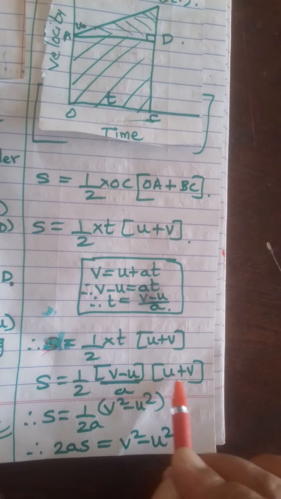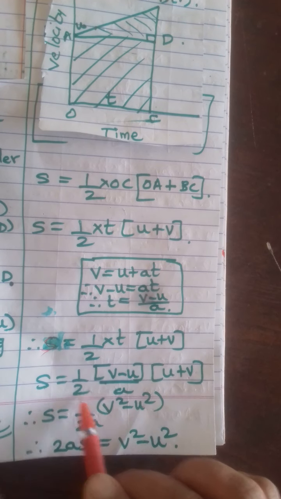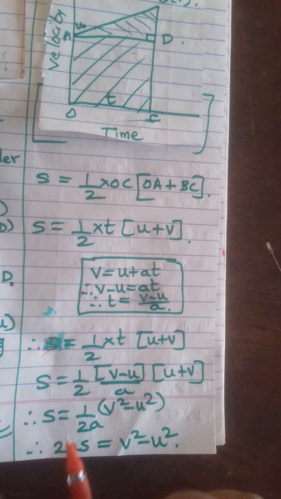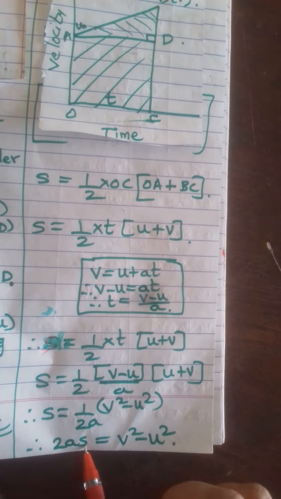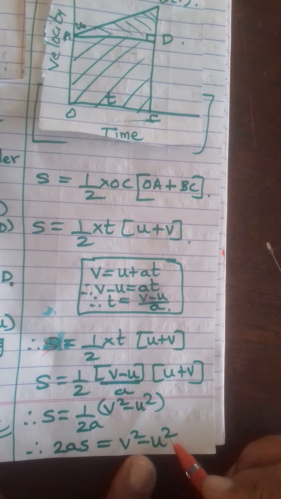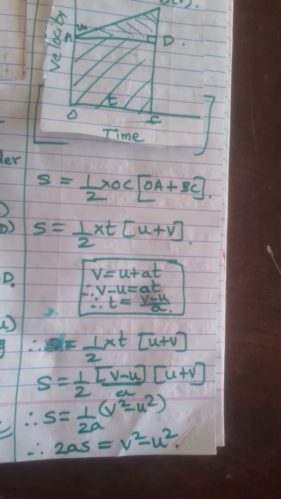So it will be V square minus U square upon 2 into A. This 2 into A cross multiplies to the left side. So what you get is 2AS is equal to V square minus U square, which is the third equation of motion obtained by graphical method.